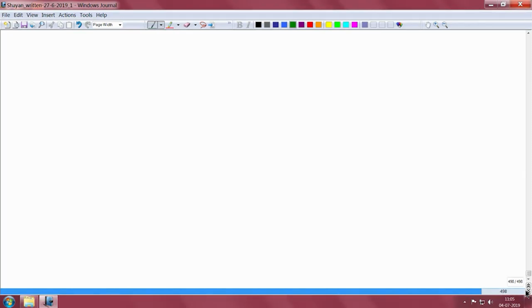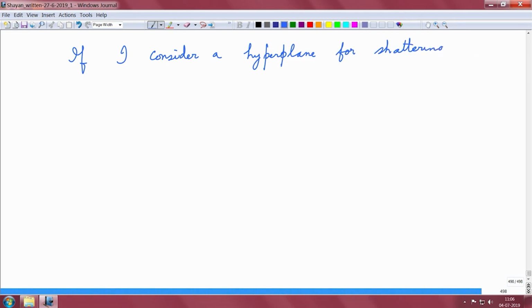So, sort of to conclude here from what we are trying to see, if I consider a hyperplane for shattering points over d dimensions, okay.